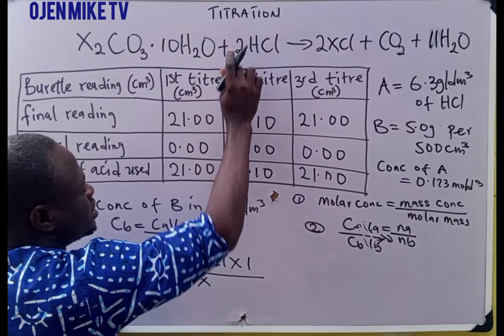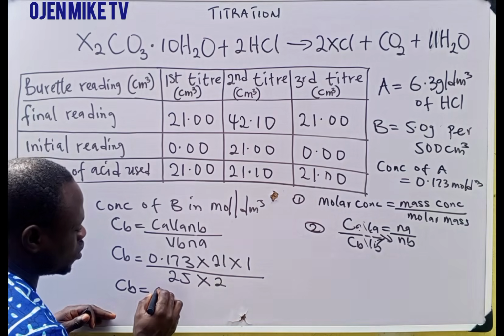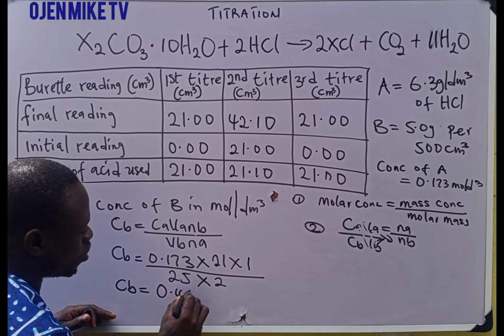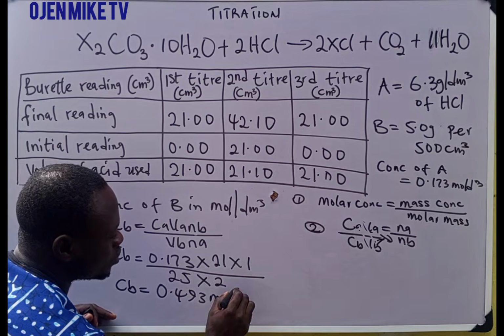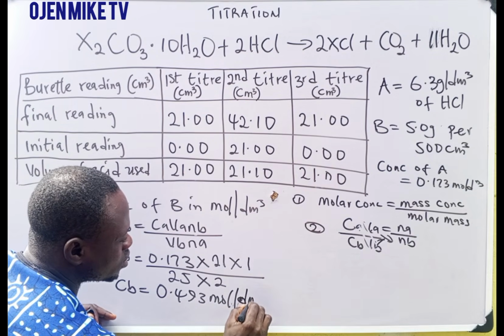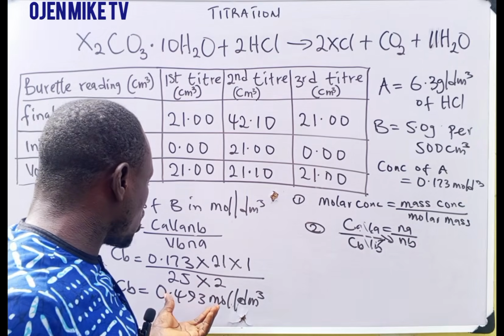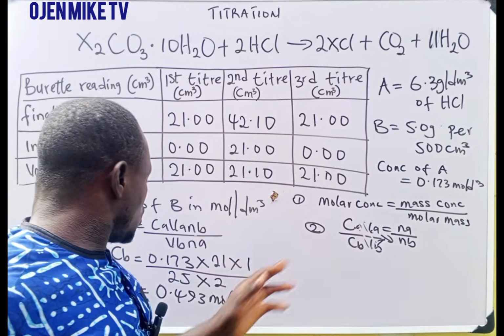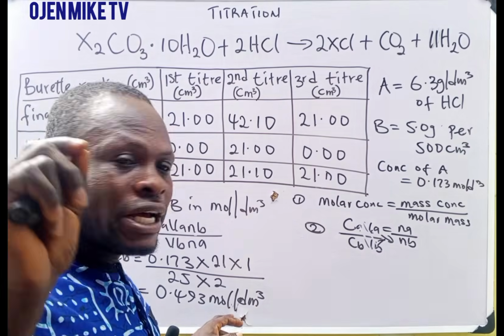Look at acid here, it is 2. See, by the whole of this one, divide by 0.493 moles per dm cube. So we have gotten our concentration of base as 0.493 moles per dm cube.